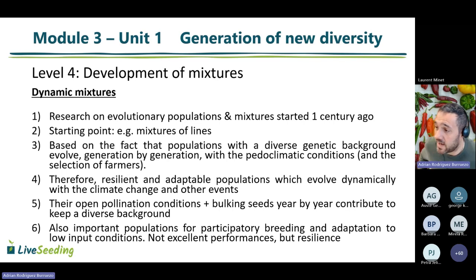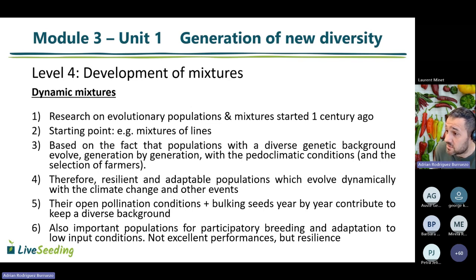The second kind of mixtures or populations are the dynamic mixtures. The research and scientific conceptualization of these so-called dynamic mixtures, or evolutionary populations, started more than 100 years ago.